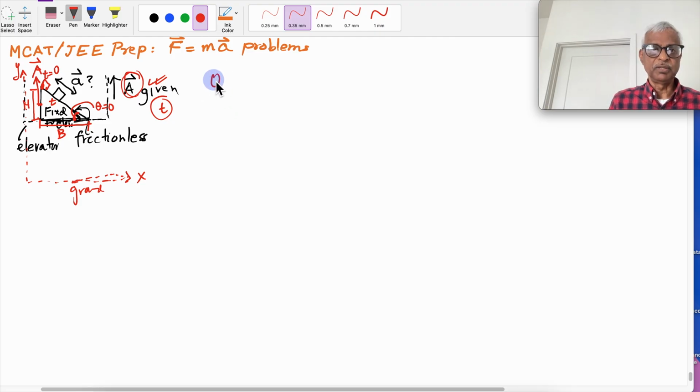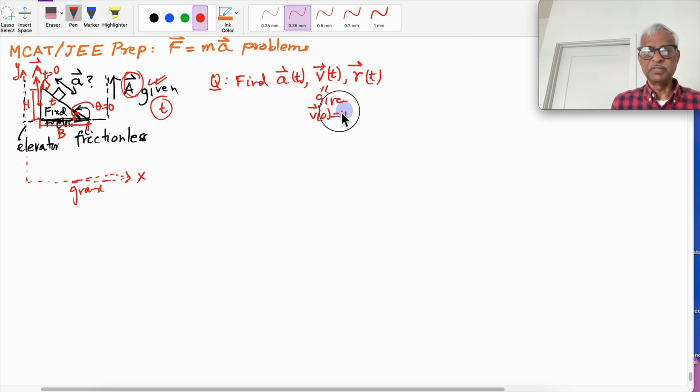So the question can be, find a at time t. You can find v at time t. You can find position at time t. So you can find these given v at 0, maybe start at rest just for simplicity.